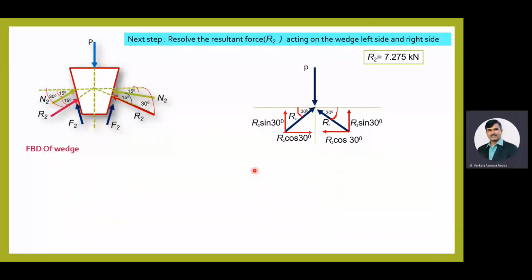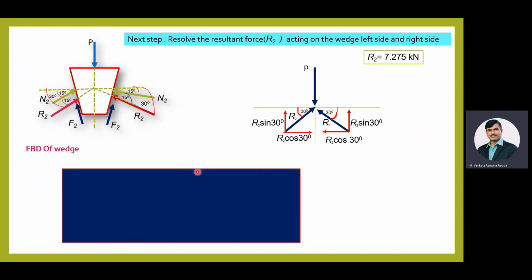Now we are considering the equilibrium of the wedge. Under this we are considering the condition summation of the vertical forces is equal to 0, that is sigma Fy is equal to 0. Here the vertical forces are R2 sin 30 degrees, R2 sin 30 degrees and the applied force P. We are considering upward forces as positive, downward forces as negative.